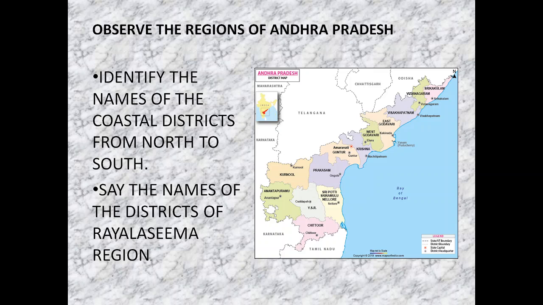So with this, children will identify the districts, and children will also guess what type of landforms will be available in the coastal districts, similarly in the Rayalaseema region.